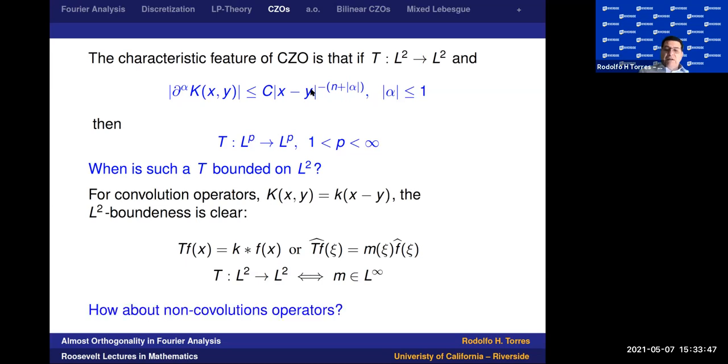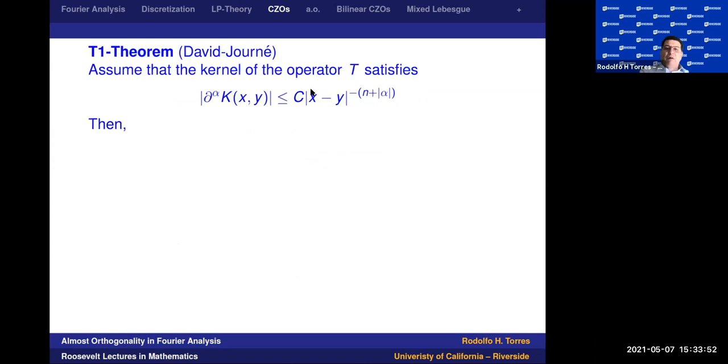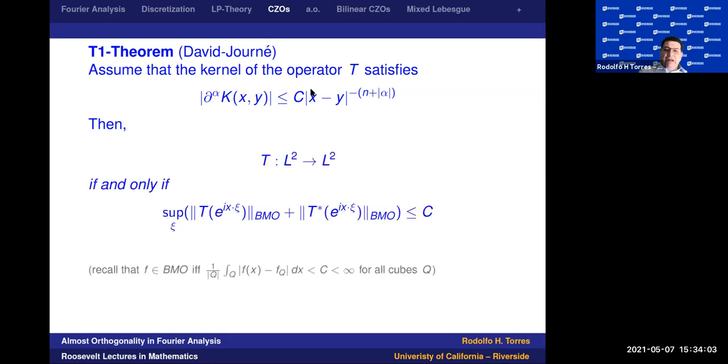However, there are operators that are non-convolution. And so in that case, we cannot use the Fourier transform in this straightforward way. This was a very interesting problem, open for many years until the mid-80s, when it was resolved by David and Journé in a very elegant way, saying that an operator with a Calderon-Zygmund kernel is bounded in L2 if and only if the operator T and its transpose T star, when computed on this character function, have bounded BMO norm.